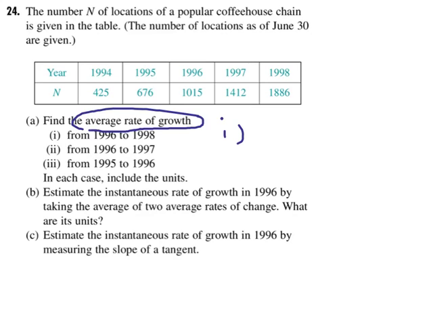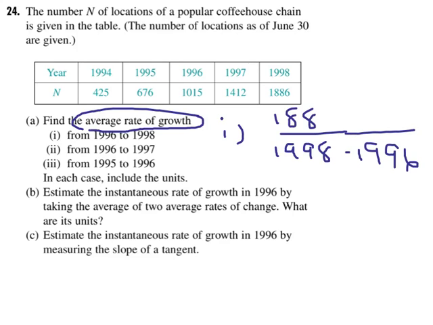Alright, so for this one, I'm going to take, for 1998 and 1996, those are my x values, right? Change in x goes on the bottom, change in y goes on the top.